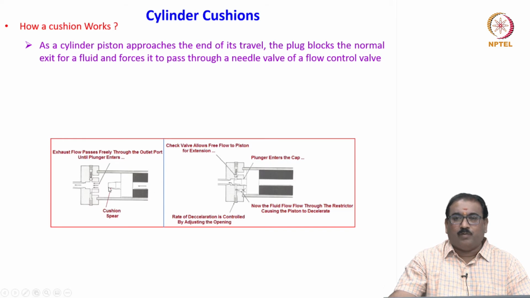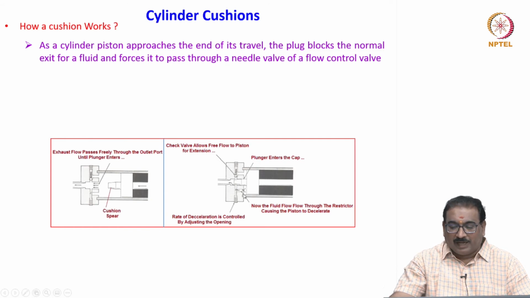When it begins to move, the fluid is passing through the outlet, correct? As it nears the cap end, what happens, friend? This plug, the spear, enters first, then the fluid will be blocked, then it will pass through the orifice. How much you have opened it, that much will go.